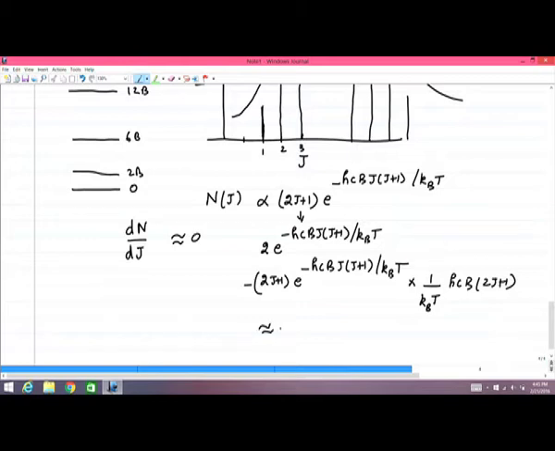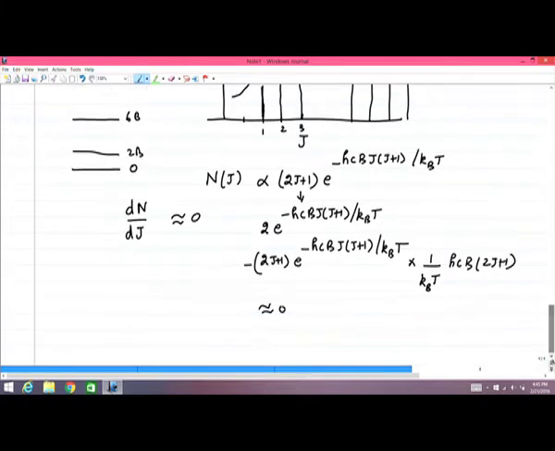And if you set that equal to 0, it is easy to show that J max is approximately the square root of kBT by 2hcB, minus 1/2. Recall that if you set this equal to 0, the exponential factor goes away.